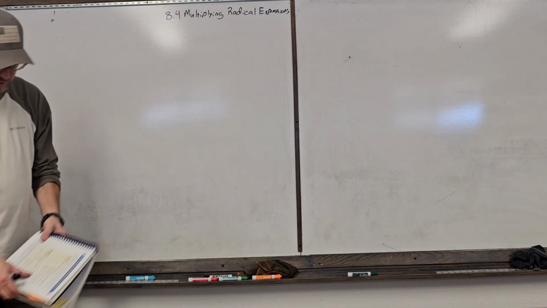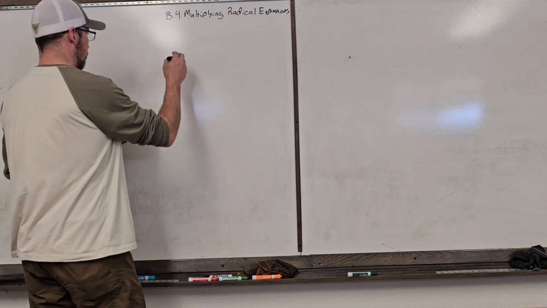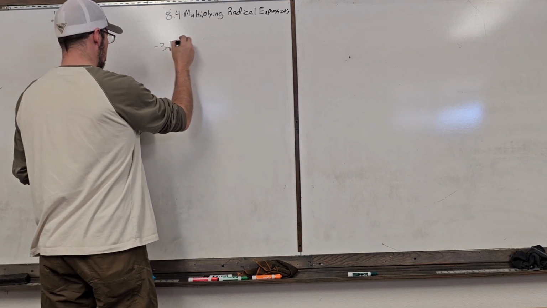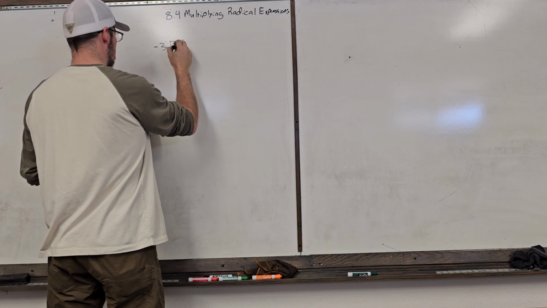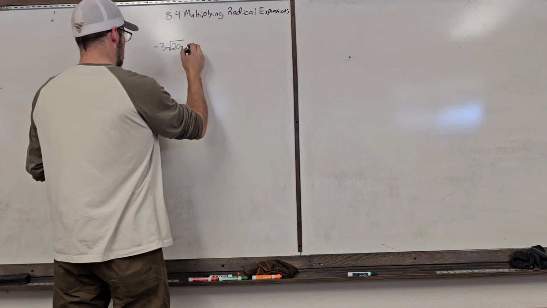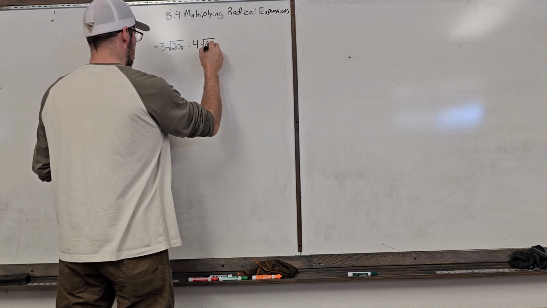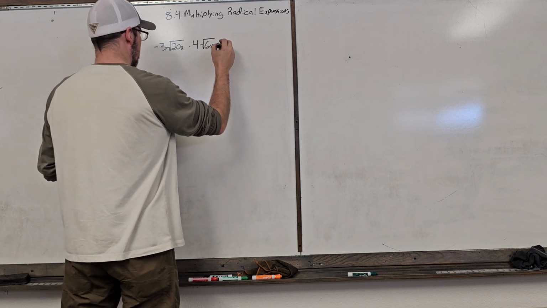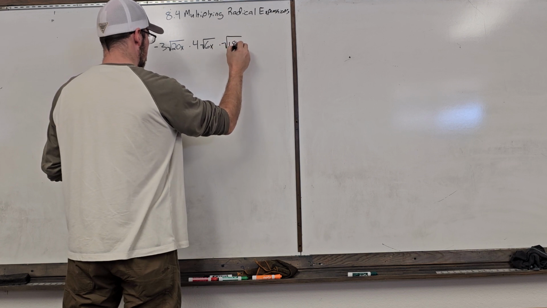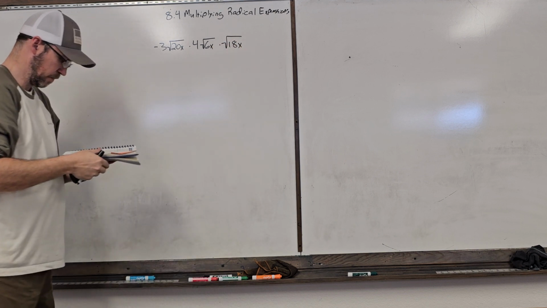All right, let's get some algebra involved, let's throw some letters in there. I've got negative 3 square roots of 20x times 4 square roots of 6x times the square root of 18x.